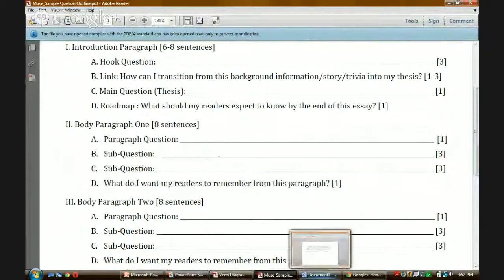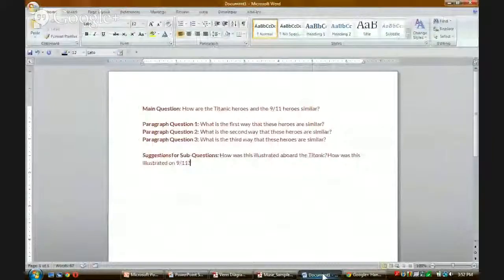So you'll see this on the website, but I also have the main question typed out here. How are the Titanic heroes and the 9/11 heroes similar? So you can see we're obviously comparing them. And then three very basic paragraph questions, and then a suggestion for sub-questions.